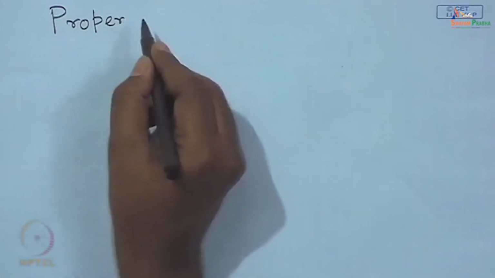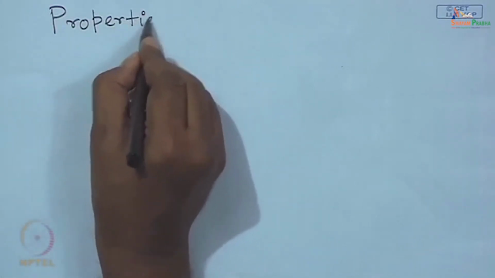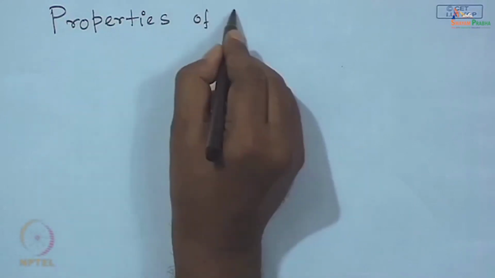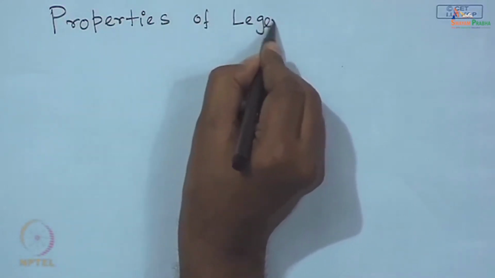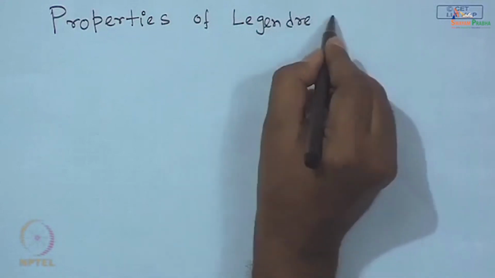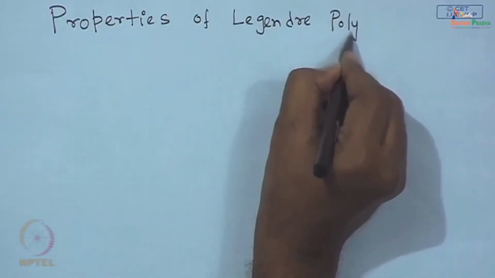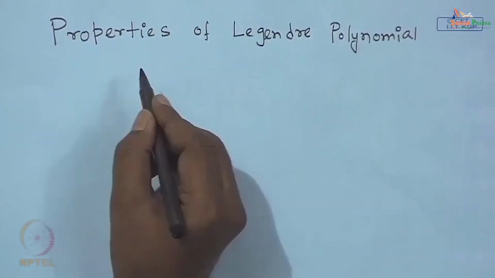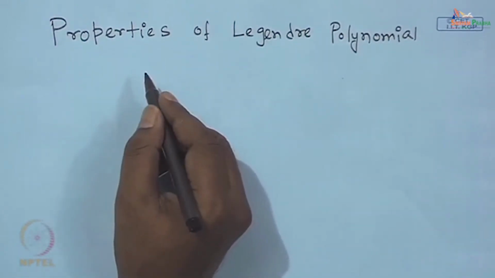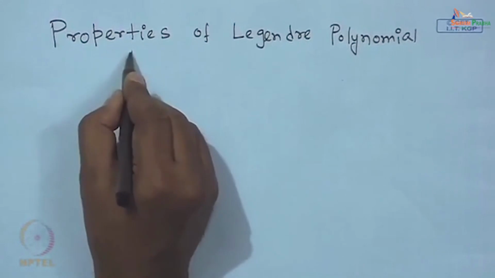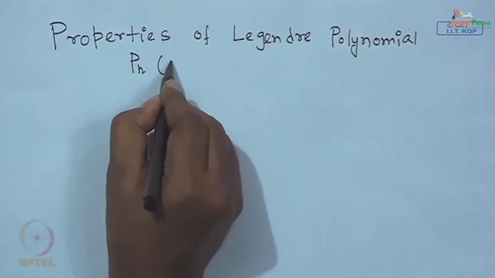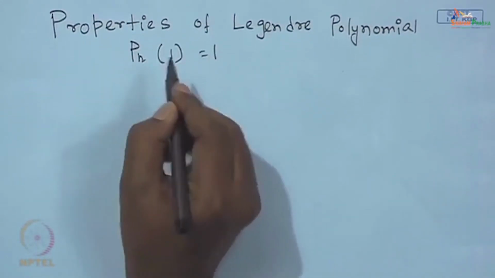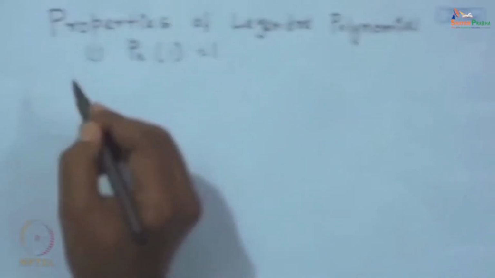So, we list down some of the important properties of Legendre polynomial. The first one is P n of 1 is 1. So, that is the first property.